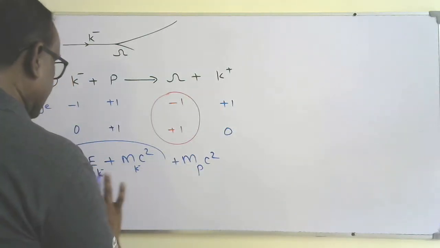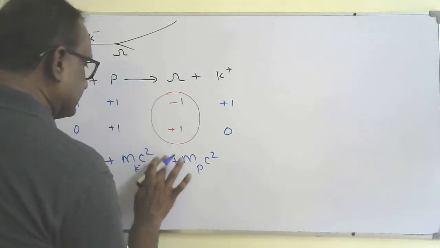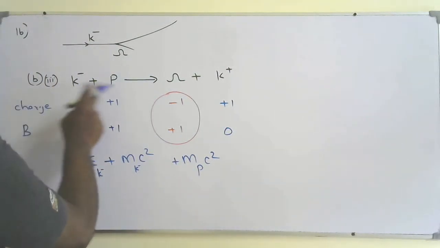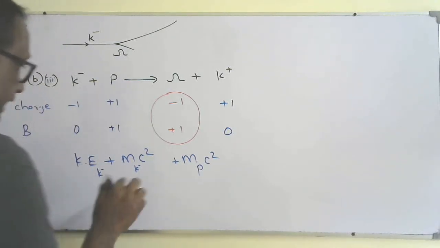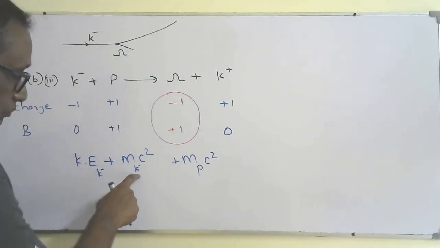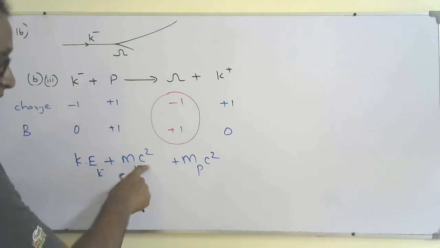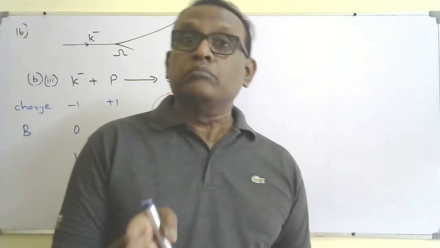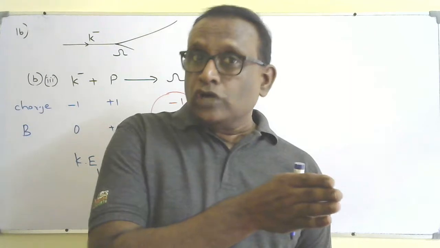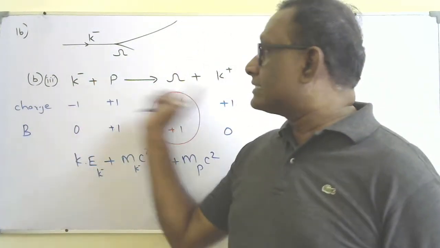So this will be the initial total mass energy of K minus and proton. The reason I am considering the mass of K minus times c squared is that we need to consider total mass energy. Mass alone will not be conserved in this type of reaction.